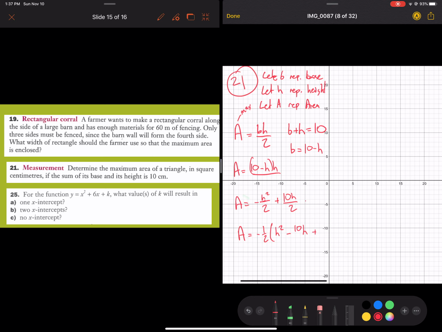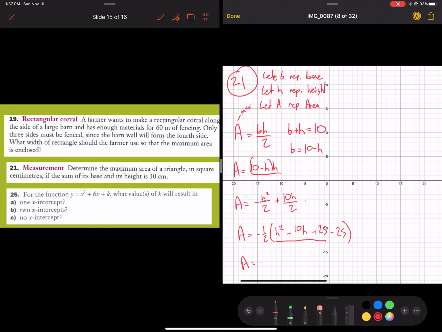We have to add and subtract some number, and it's going to be 10 over 2 squared. C equals 10 over 2 squared, which is basically 5 squared, which is equal to 25. So, this is a perfect square.